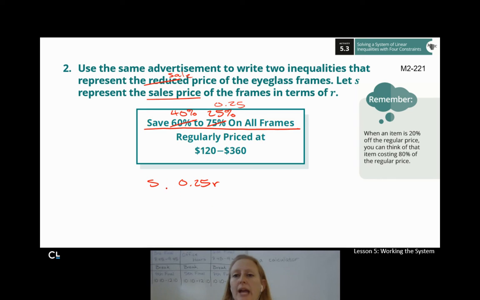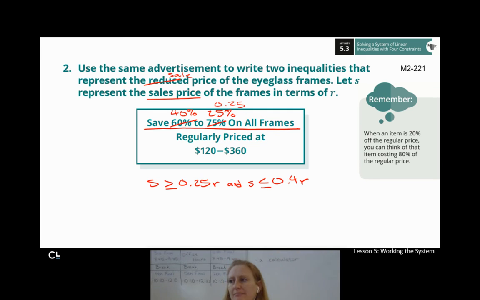And my sale price is between that and what's the other one then? 0.4. I guess I could put 0.40R, but I'm just going to put 0.4R. So that means S is greater than or equal to this one and less than or equal to that one. It's between 25 and 40% is what it's going to cost me. Oh, I should put the word and in here.